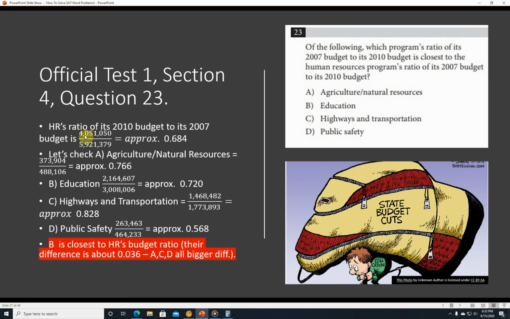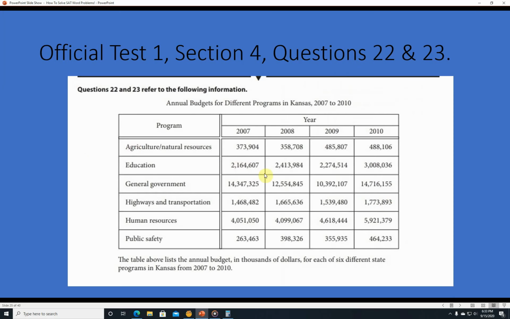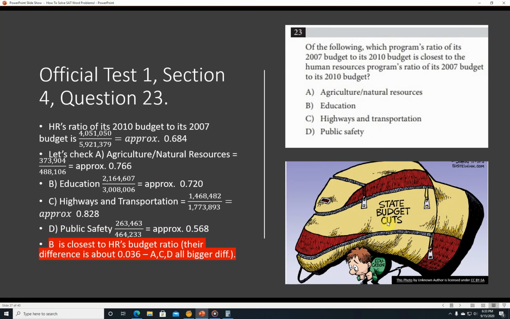Okay, so it's 4,051,050 in 2007, and we can check that. Yep, right there. Over 5,921,379. So that's going to be approximately 0.684.